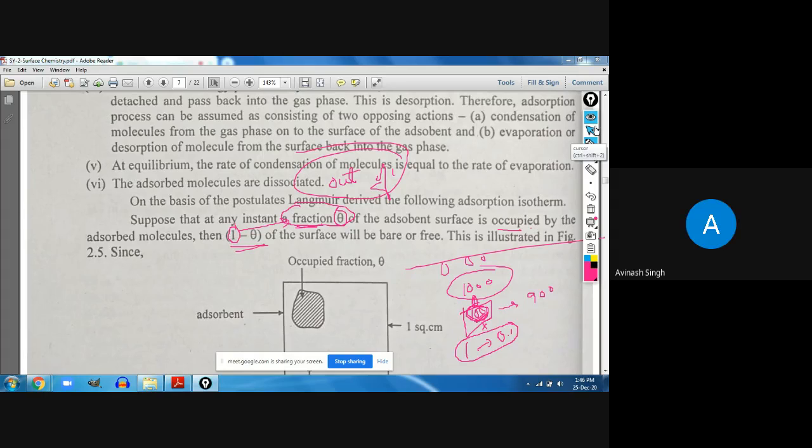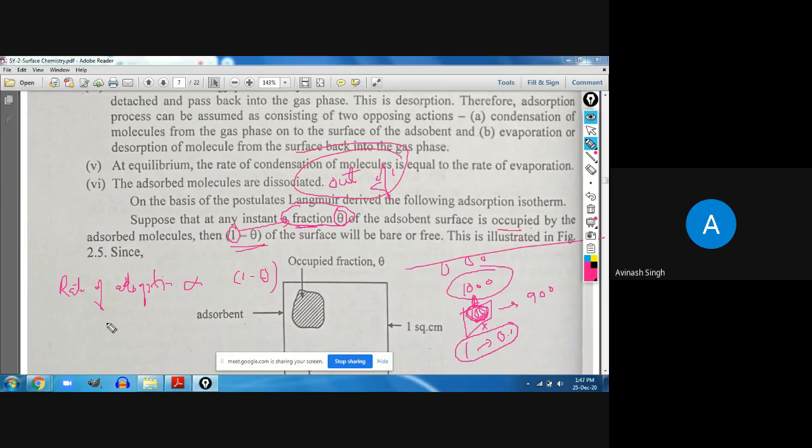Rate of adsorption depends on what? रेट ऑफ एडसॉर्प्शन किस पे डिपेंड करता है, फ्री पे कि भरे हुए पे? Free. फ्री कौन सा है? 1 minus theta. So rate of adsorption is directly proportional to 1 minus theta.